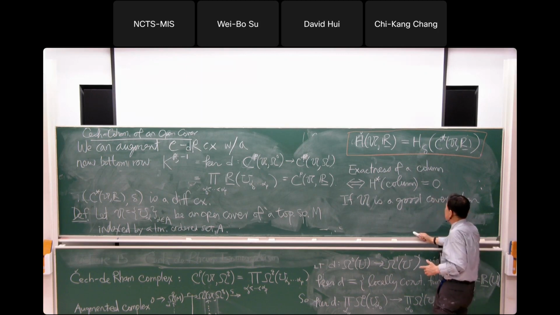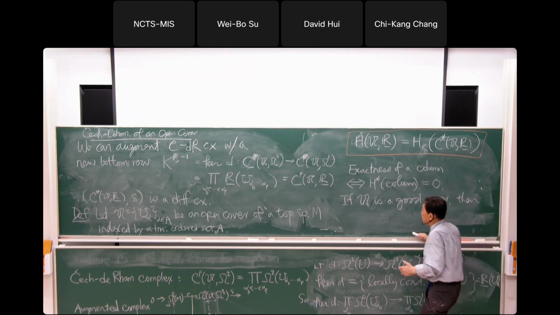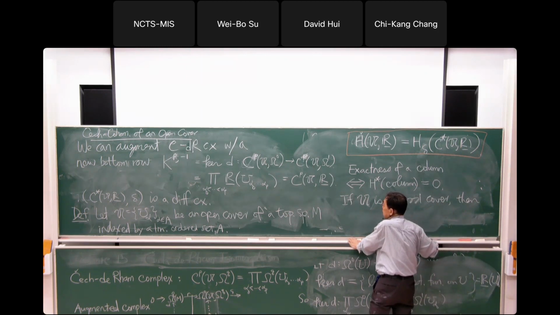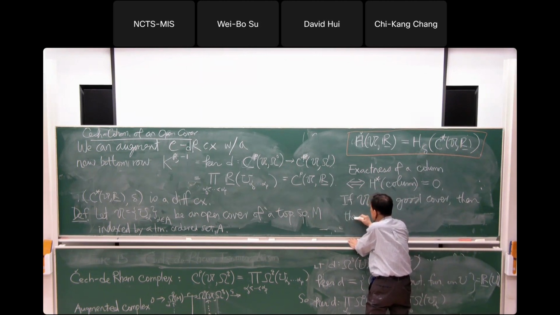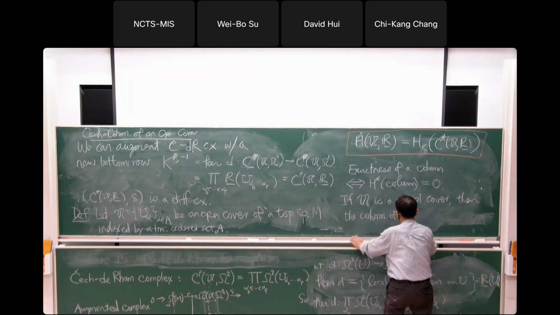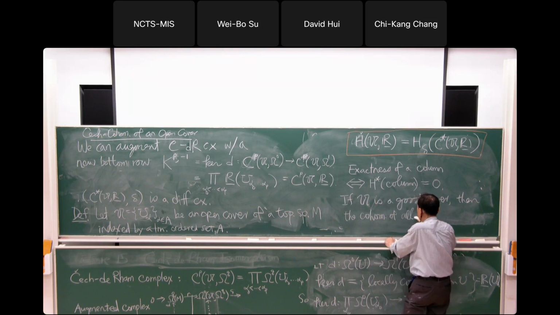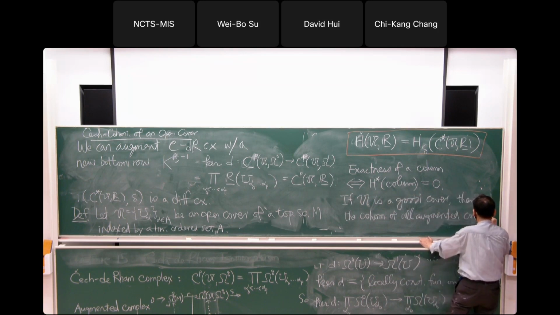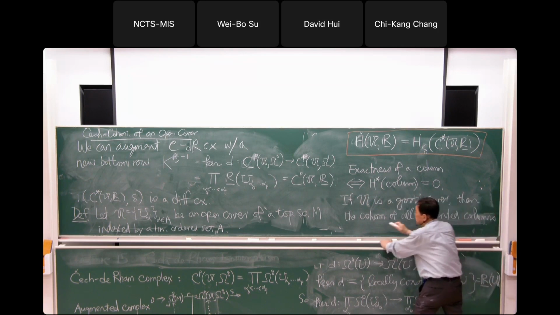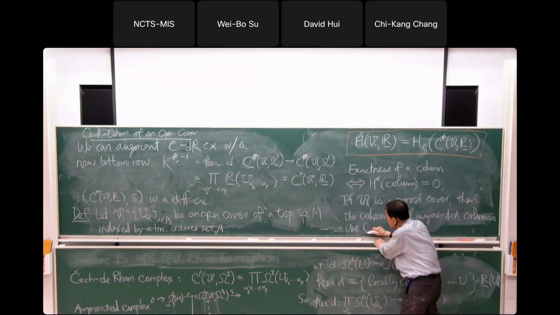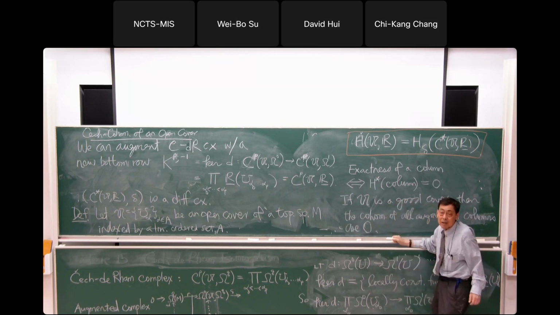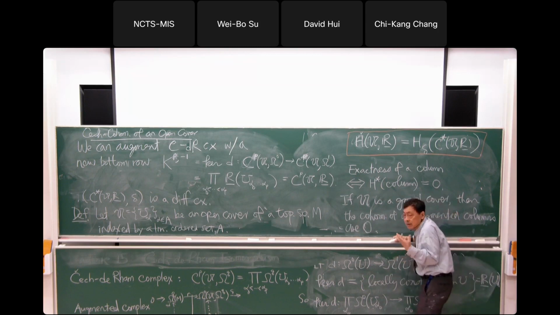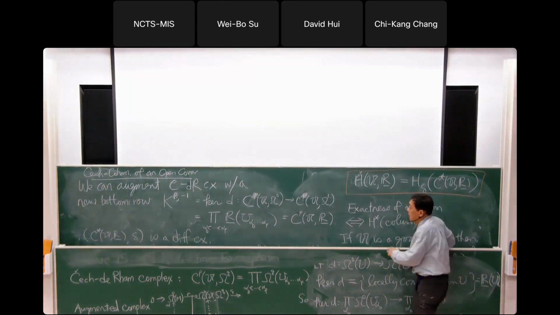So if U is a good cover, then the cohomology of all augmented columns is zero, because all the open sets are diffeomorphic to Rn.